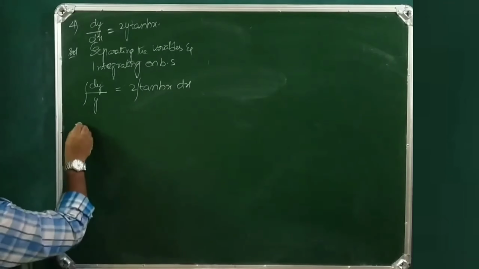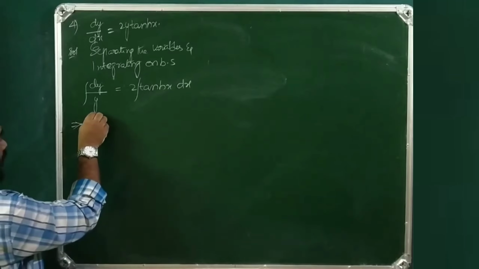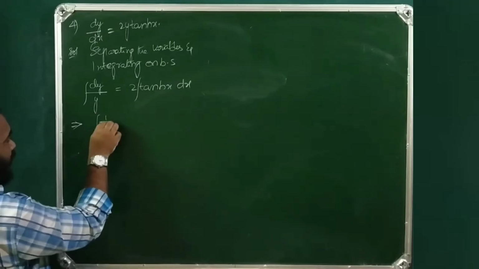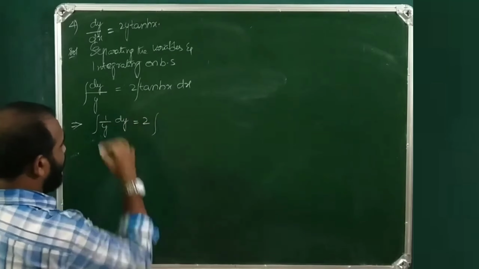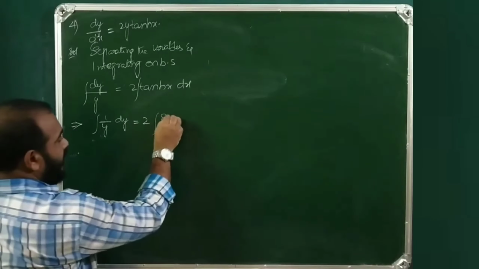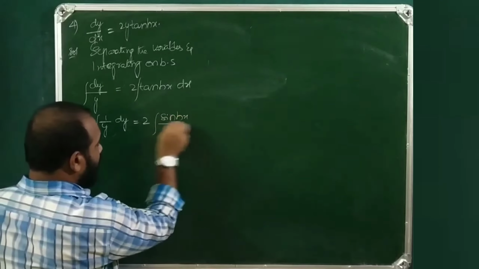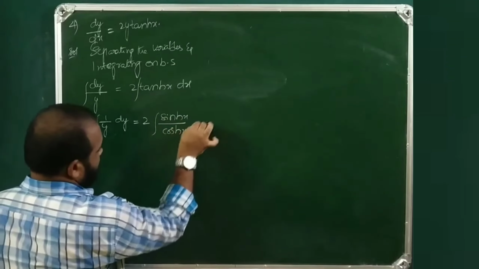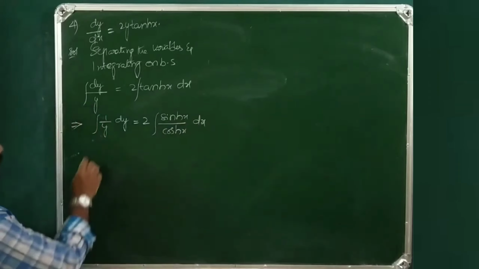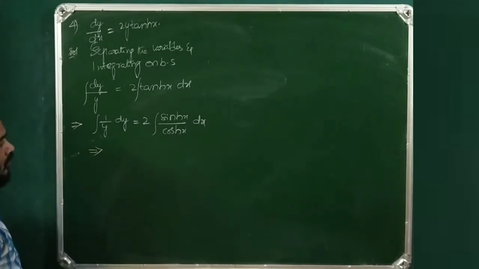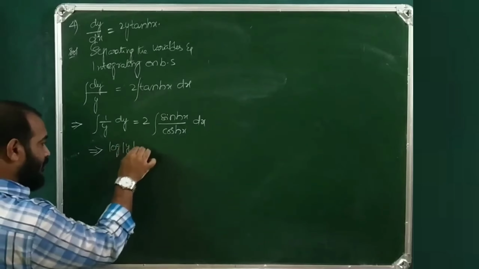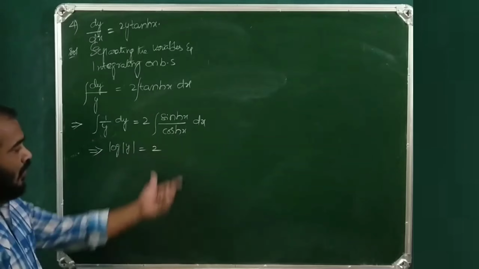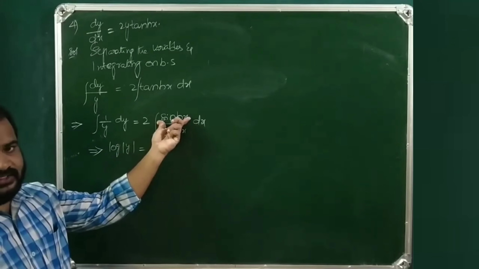Integral 1 by y dy is equal to 2 integral of tanh x, which can be written as sinh x by cosh x dx. So this is log modulus of y is equal to 2. Cosh x derivative is sinh x.